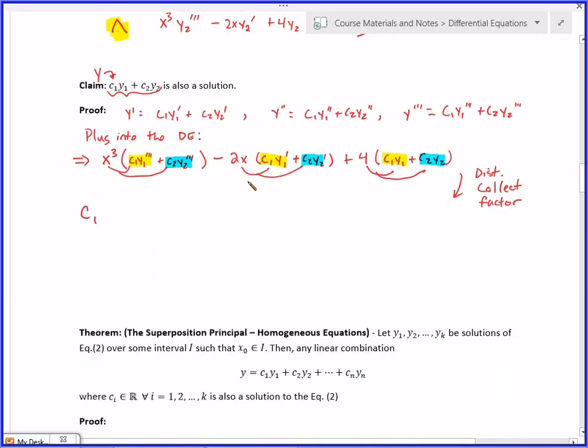All the yellow ones have a C1 in it. So I pull it out of all of them. And I'm left with x cubed y1 triple prime, right? X cubed times this term, pull out the C1, I got x cubed y1 triple prime. Minus, move the 2x in, I got minus 2x, pull the C1 out, y1 prime, plus 4y1.